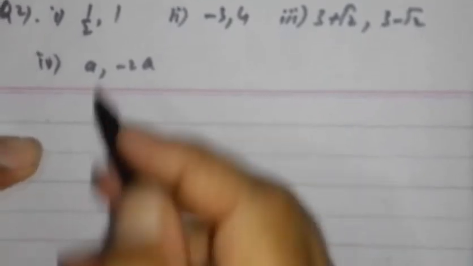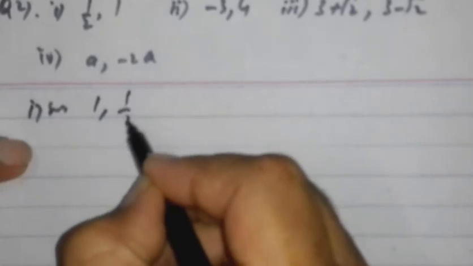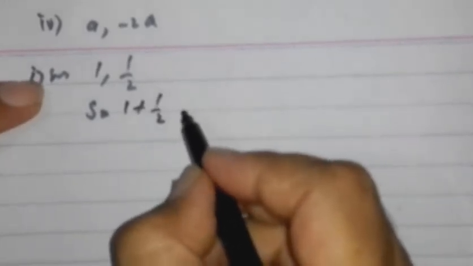Question number 2 is very interesting. We will have to find the equation whose roots are these. So part first, solution: 1 and 1 by 2 are the roots. First we will find the sum of roots, represented by S. Sum of roots: 1 plus 1 over 2.